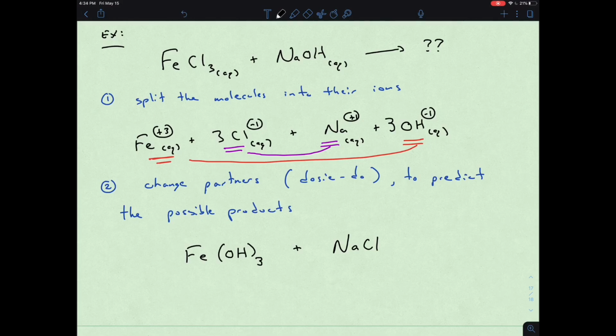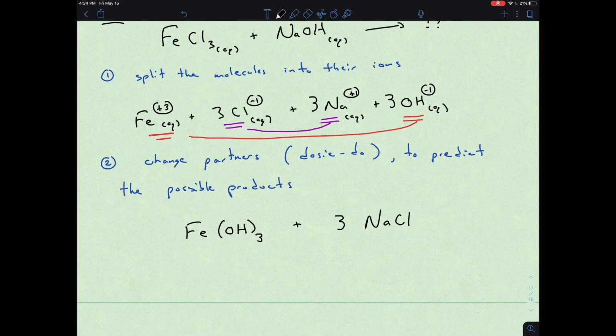Now that's 1-to-1, and we do have 3 chlorides from the ferric chloride, so eventually we're going to have to add this 3 as well to make sure the sodiums are balanced. So we're making sodium chloride, and really there's actually 3 of them there. So these are the possible products that we have.